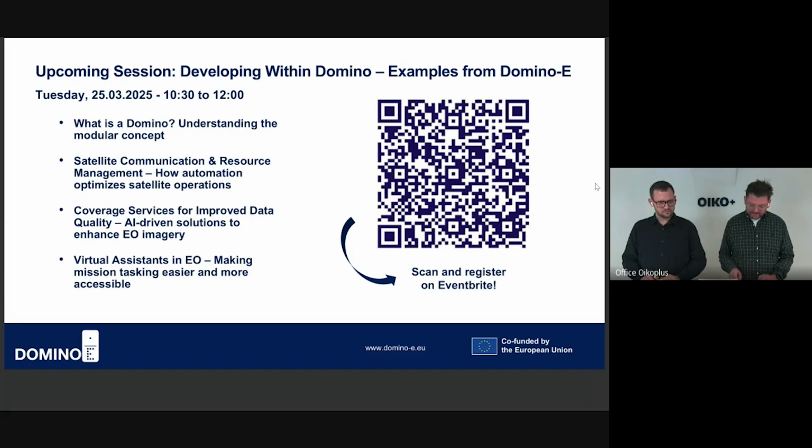In next week's session, we will have with us colleagues from ITI, a Poznan-based company in Poland, colleagues from Onera, the French aerospace lab, as well as from Capgemini, and also from Tilde, a company based in Riga, Latvia. They are actually developing the natural language assistant that makes customary requests to ground segments much easier. That's what the developments promise to add to the Domino architecture.